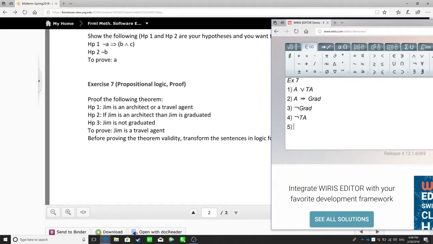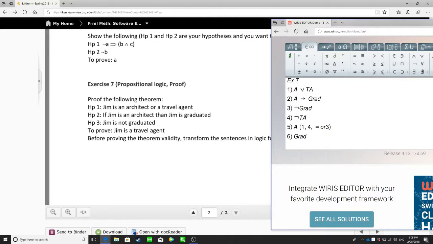Right now, from A, we know A is based on 1, 4, and OR 3. Now A. Then number 6. We know A, then it's based on 5 and 2. We know it's graduated.